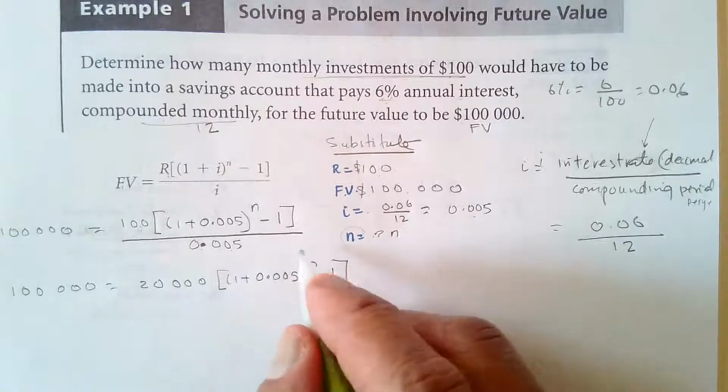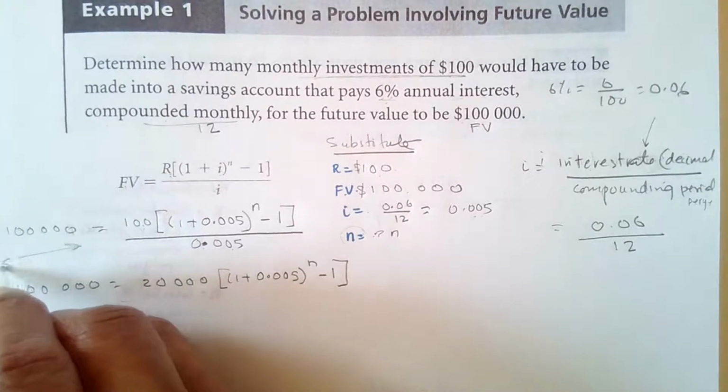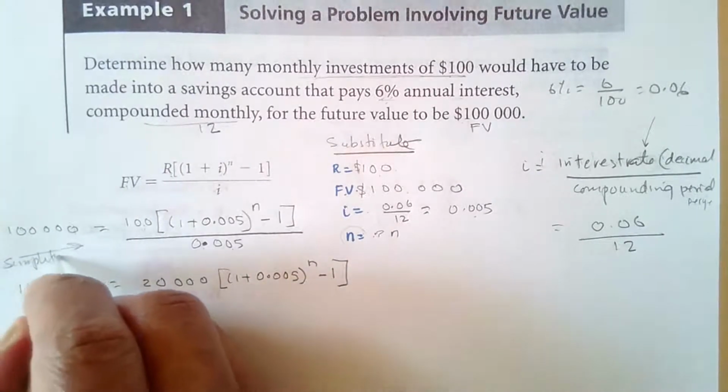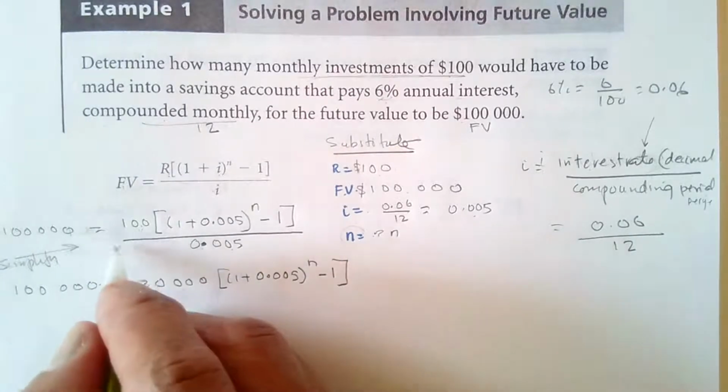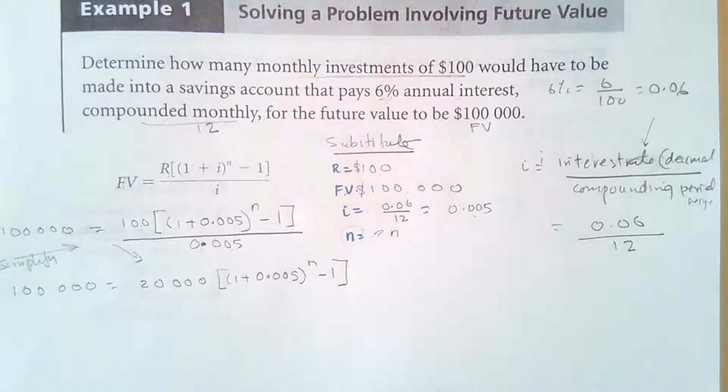So here we're simplifying to give us this part here.